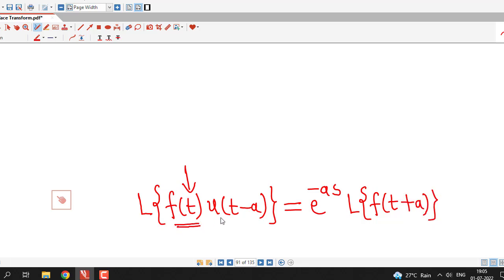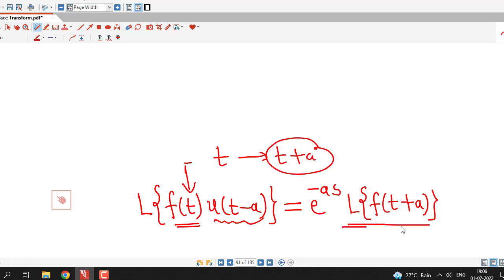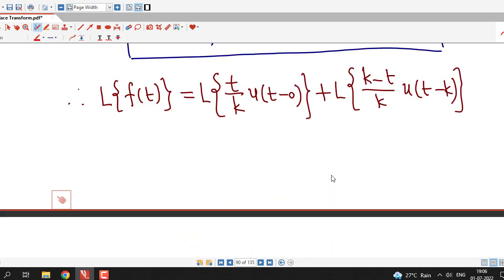So whatever function is multiplied with the unit step function, in that function we have to replace t by t plus a, and we have to find out the Laplace transform of that function, and that Laplace transform is multiplied by e raised to minus as.